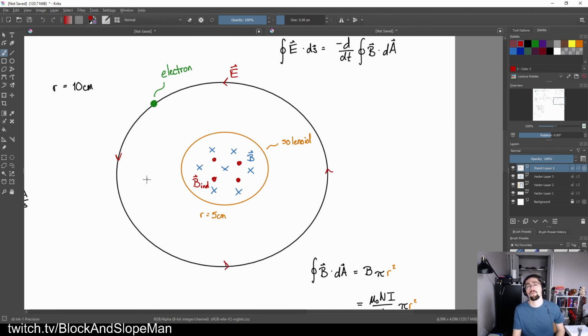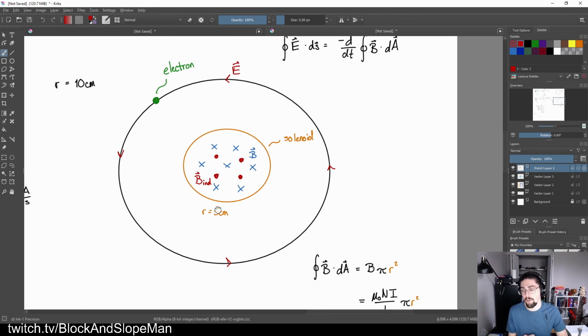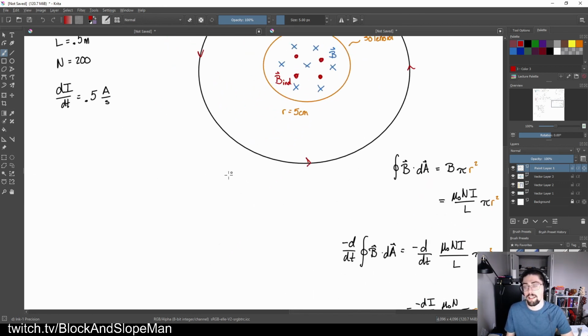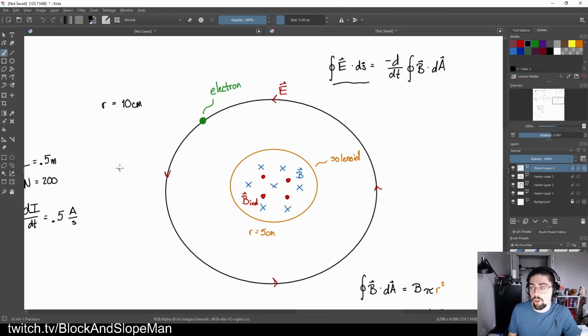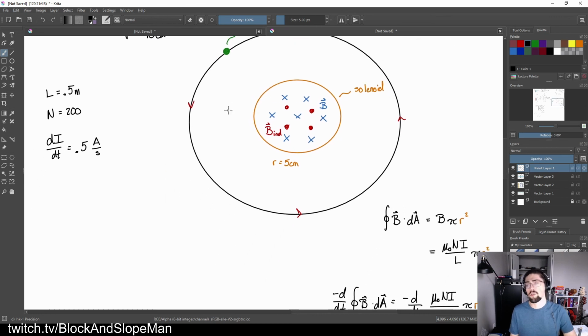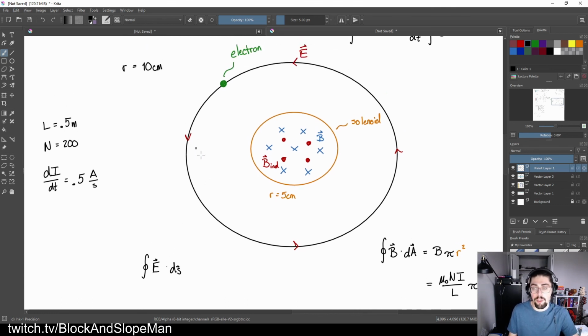And again, we're following this symmetry argument, and that's a very important point, because when we start following that symmetry argument, finding this integral, what we've got on the left side of the equation, becomes simple. We know that the electric field is constant over the entire circle. E dot ds, that dot product, we can see that the electric field is always going along the circle.